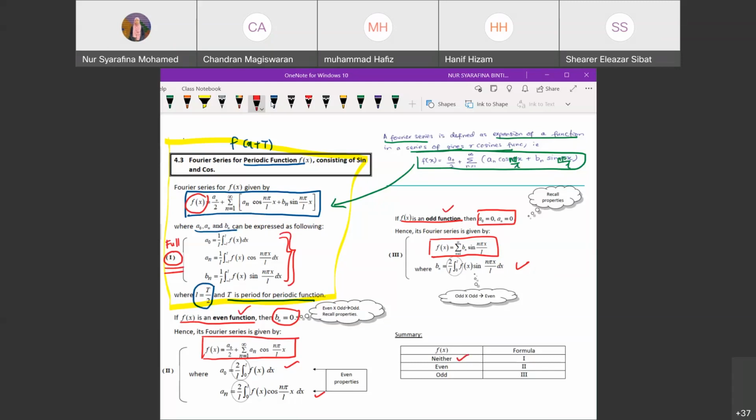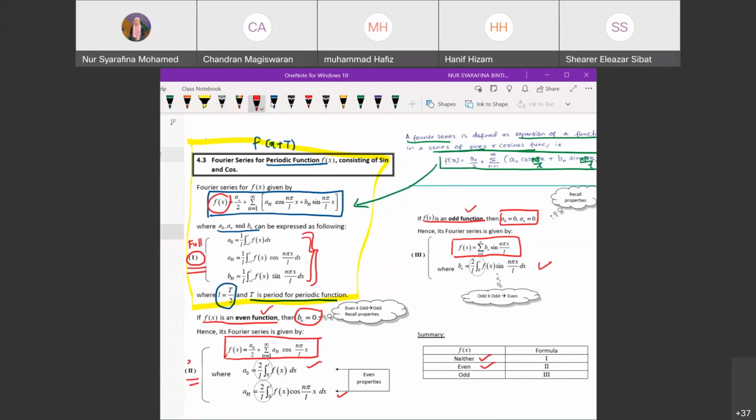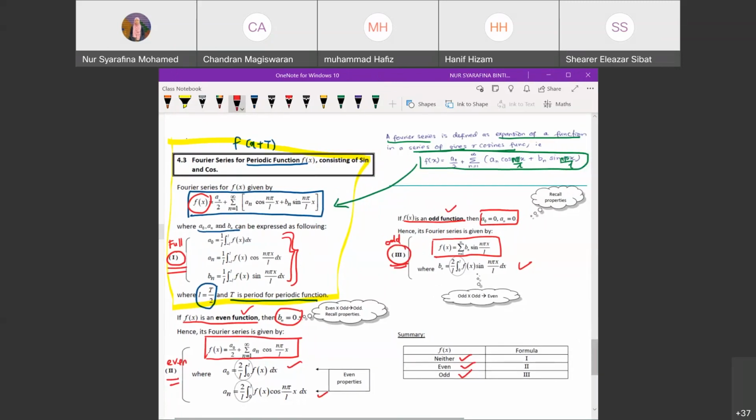For f(x) even, we use formula 2, only find a0 and an. For f(x) odd, we use formula 3, where you only have to find bn because a0 and an are 0. Okay, is it clear for you, by using the definition and the formula here?